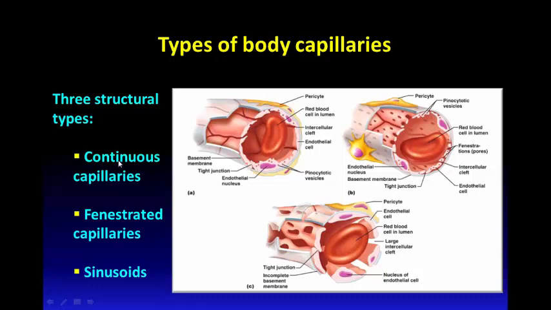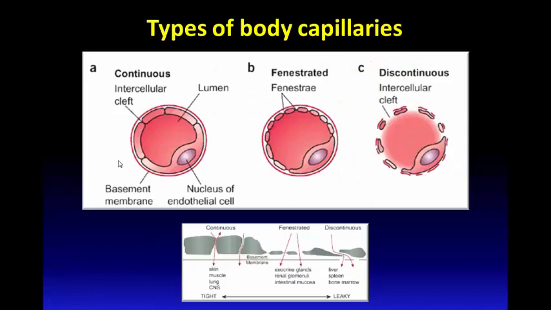compared to the narrow intercellular clefts which we have in the continuous capillaries. Here we have again figures which show the three types of capillaries: the continuous capillaries with only intercellular clefts between the adjacent endothelial cells, and here we have a fenestrated capillary with also fenestrations or pores in some endothelial cells, in addition to the clefts or the slits between the adjacent endothelial cells.